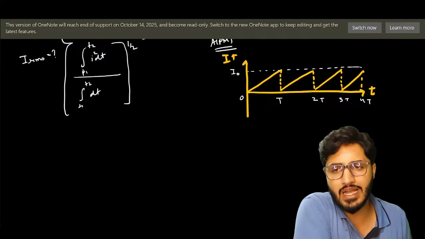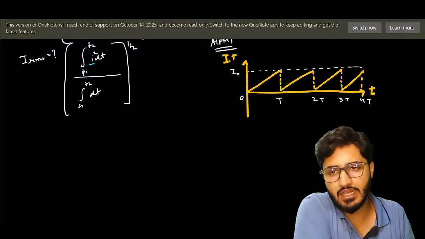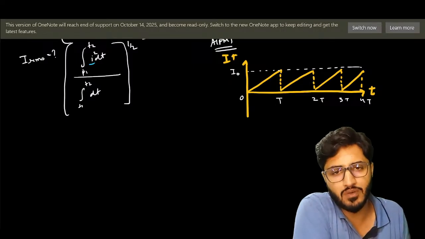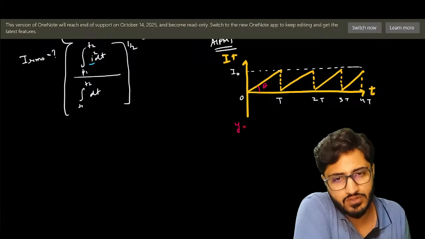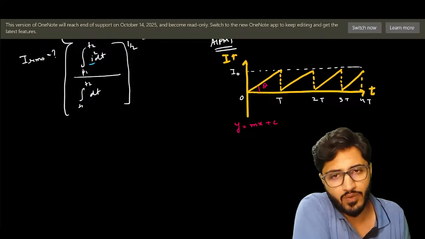Look here, we don't have any I expression now. You can see here I need I, but in the expression I is not given. So what I can do, look, if this angle is theta, so what is y? y equals mx plus c. y is which one?